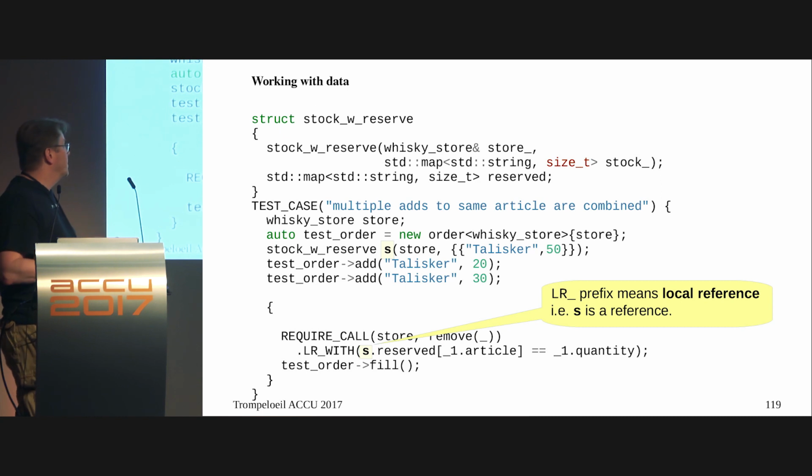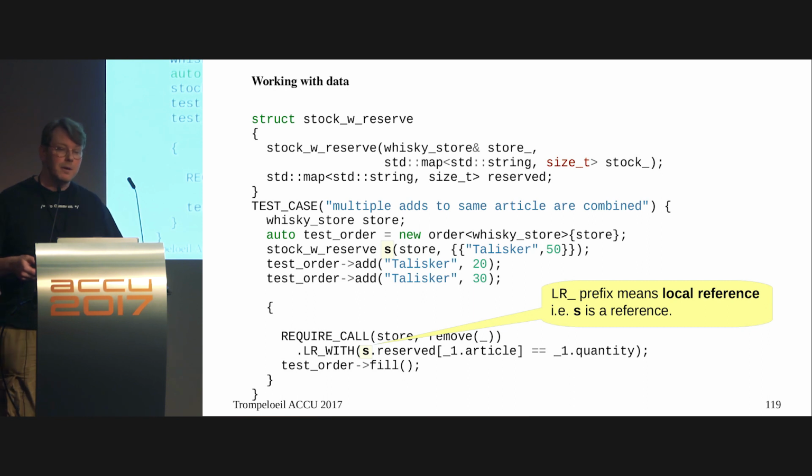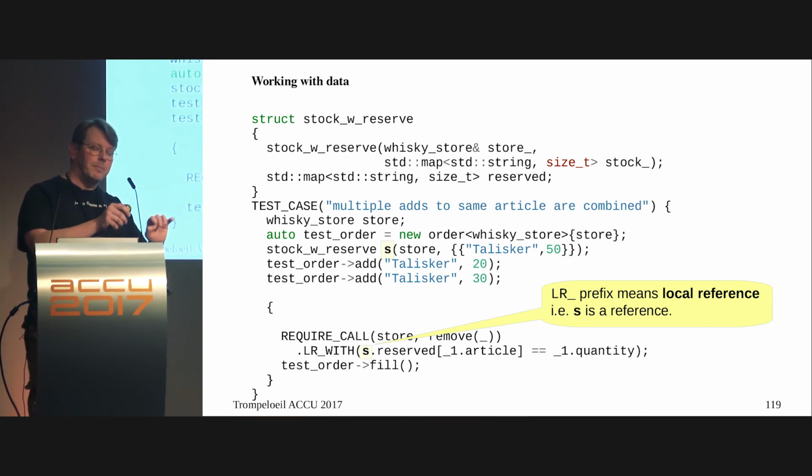So you better be sure that by the time this call comes to satisfy this expectation, the variable S is valid. And that is trivially the case here, since S lives in a wider scope. The required call goes out of scope much earlier, so it's safe. But there is a visual warning to say, hey, beware, do you know what you're doing?